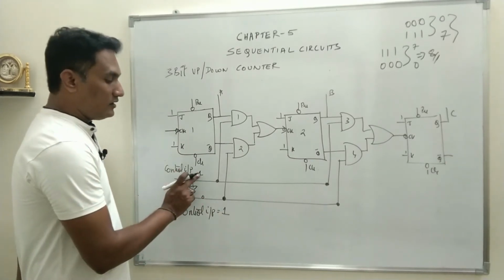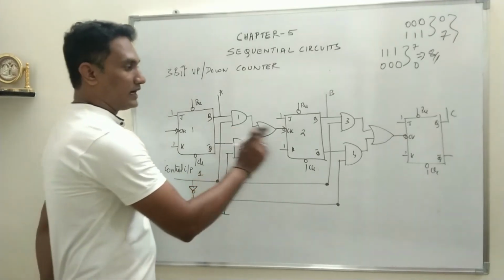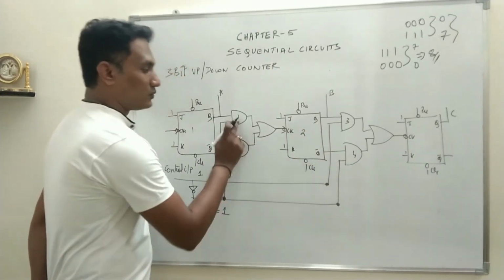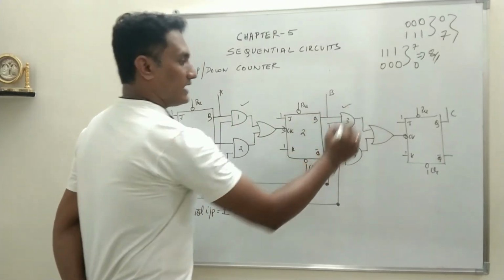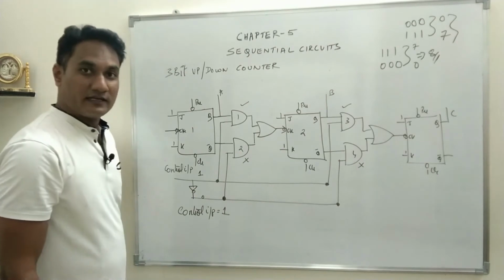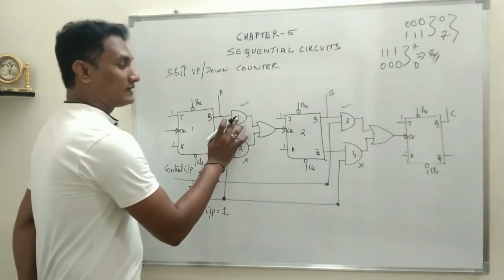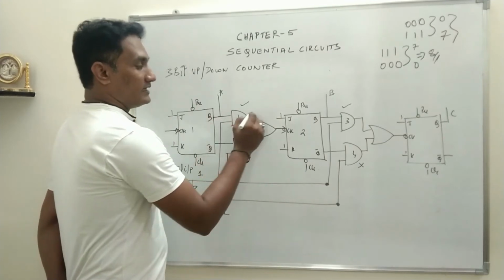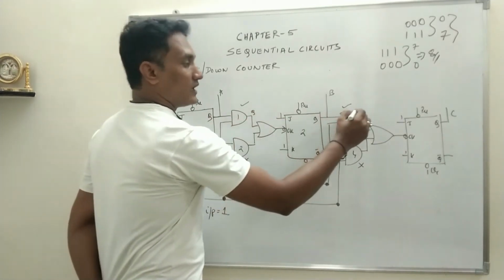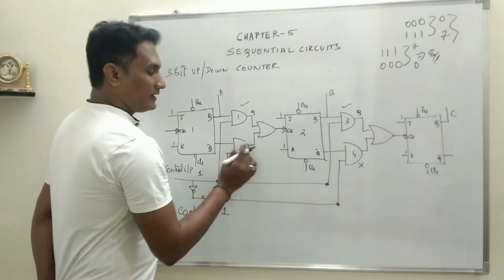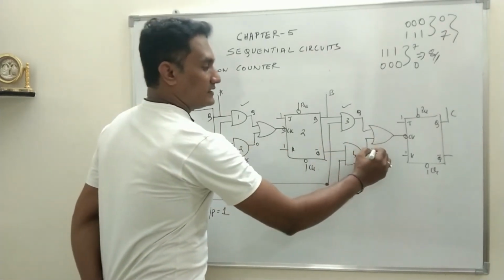So when the control input is 1, that 1 is given to gates 1 and 3, whereas 0 is given to gates 2 and 4. That means 1 and 3 are activated, whereas 2 and 4 are deactivated. Again, that implies that the Q output of the first is the output. Of course the outputs of 1 and 3 will depend upon Q, and for the OR gate the other input is 0.